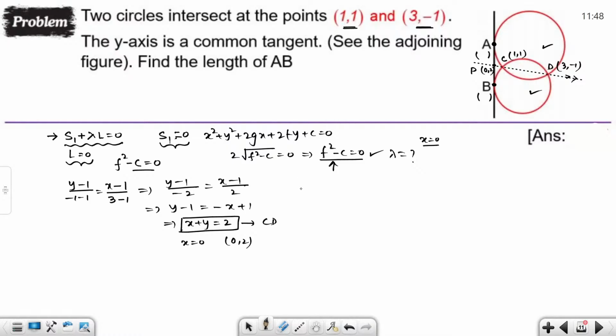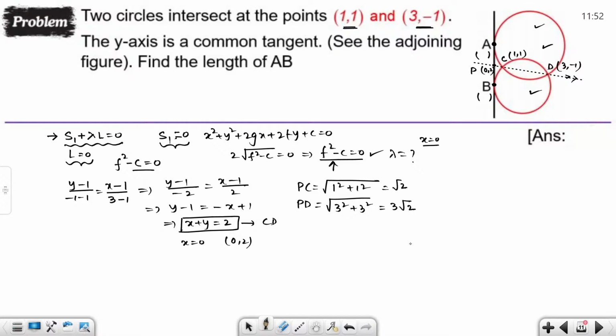Now we can find out what is our PC. The distance will be root over 1 square plus 1 square, that is √2, and the distance PD will be root over 3 square plus 3 square, that gives us 3√2.